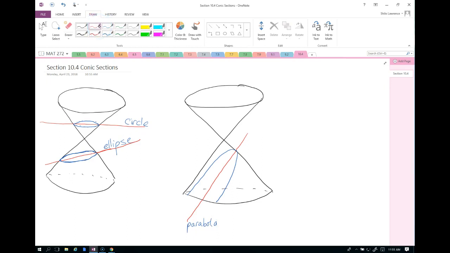And then the last one, if we cut it perfectly vertically, you'll see that we get 2 shapes. And it looks like 2 parabolas, one of them opening up on the top, and then the other one opening down on the bottom. And that's called a hyperbola.